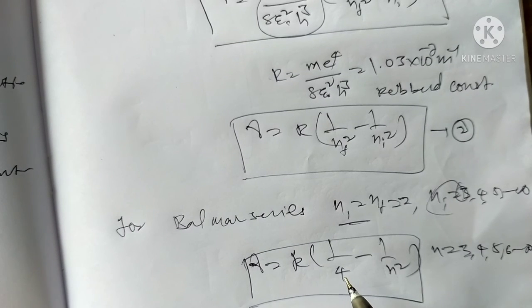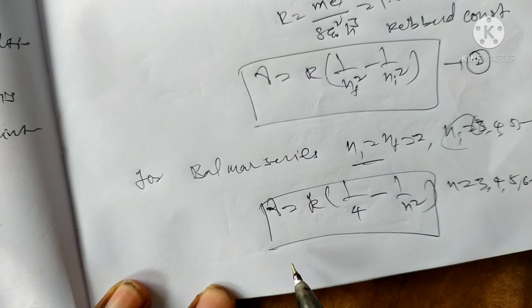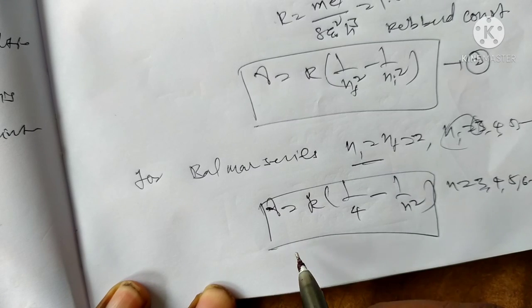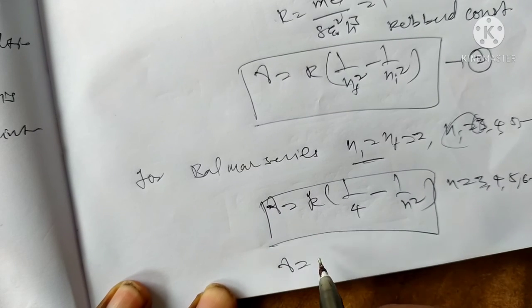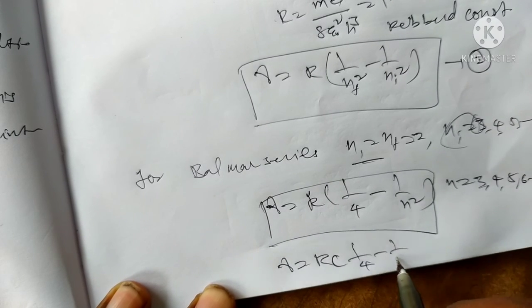That is the Balmer series. It matches the Balmer frequency relation in the Bohr model, that is nu is equal to R c times 1 by 4 minus 1 by n square.